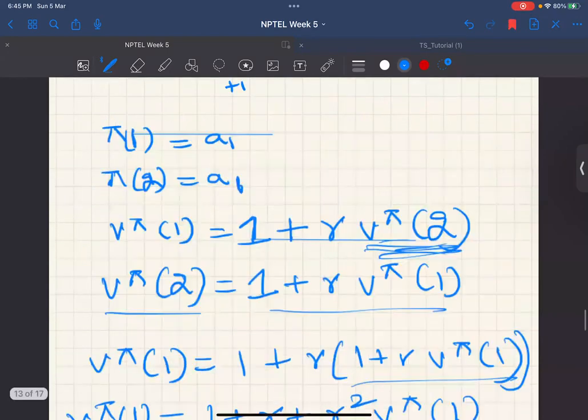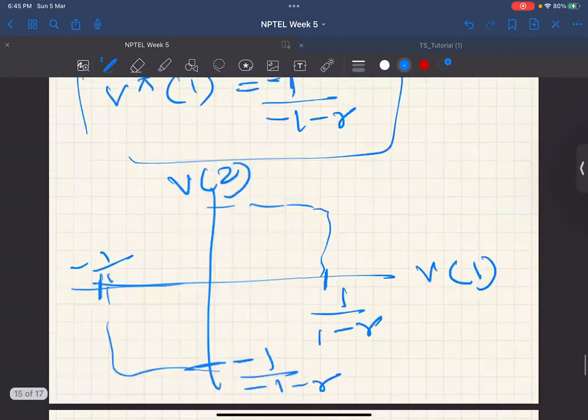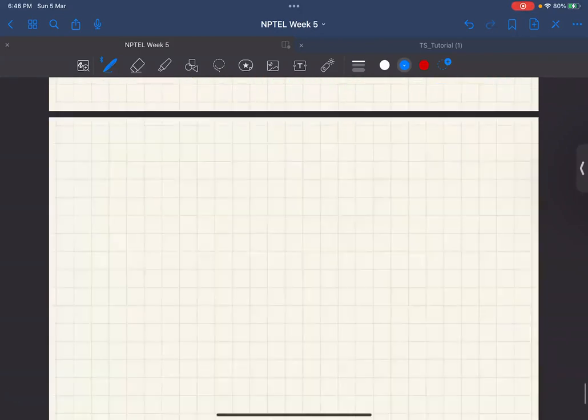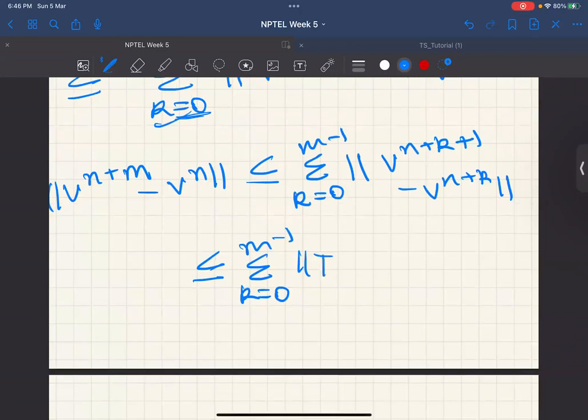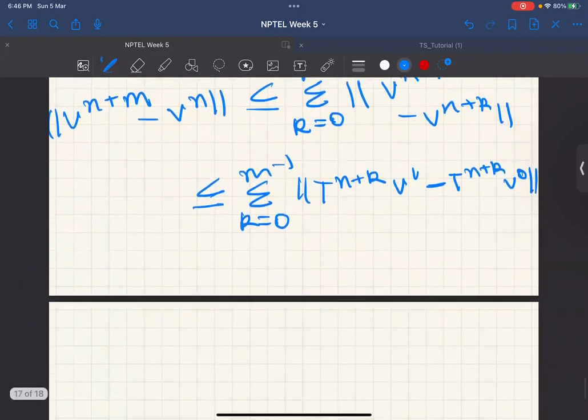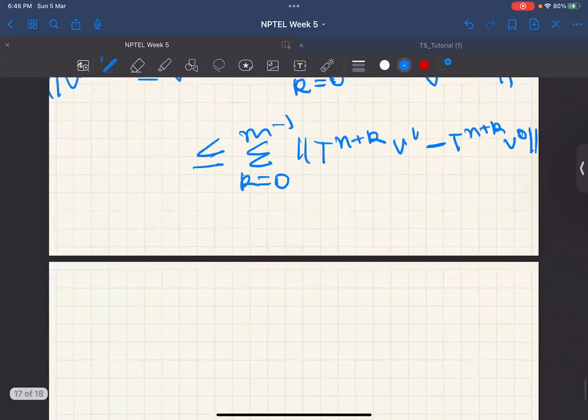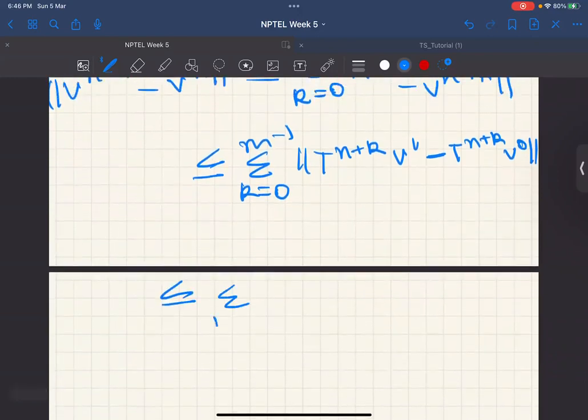So here we can write this Vn plus k as T of n plus k into V1 minus T of n plus k into V naught, by the definition above. Contraction mapping. Now contraction mapping. Now I think you have started relating the dots. It is less than this thing.